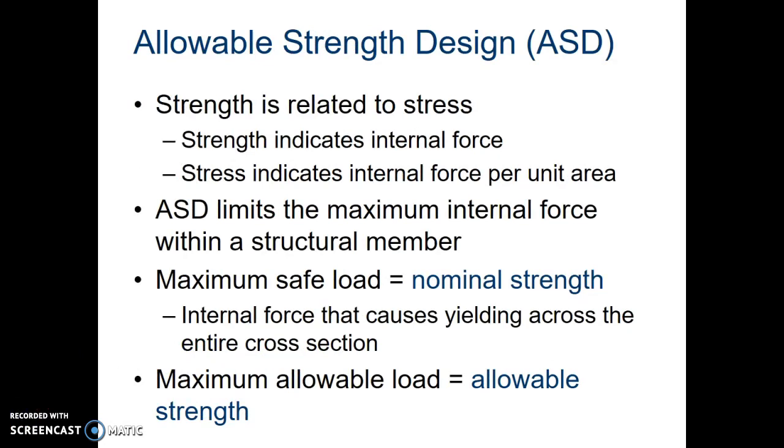There are a couple different ways to go about calculating the stress and strain on beams. These two standard structural design methods are allowable strength design, which is ASD, and load and resistance factor design, LRFD.